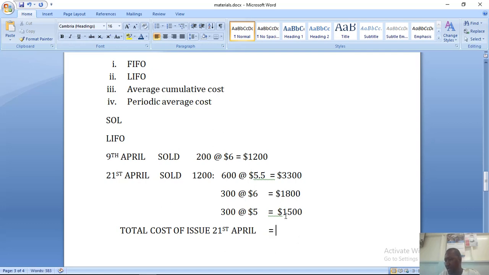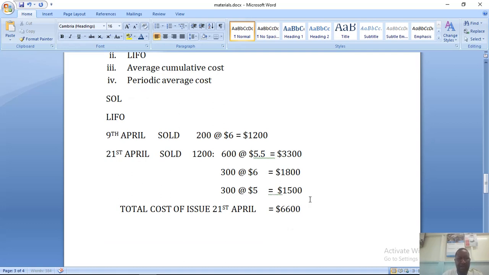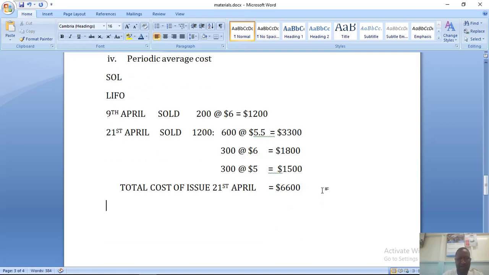The grand total there should be $6,600. So what's the total cost of issue for the period?